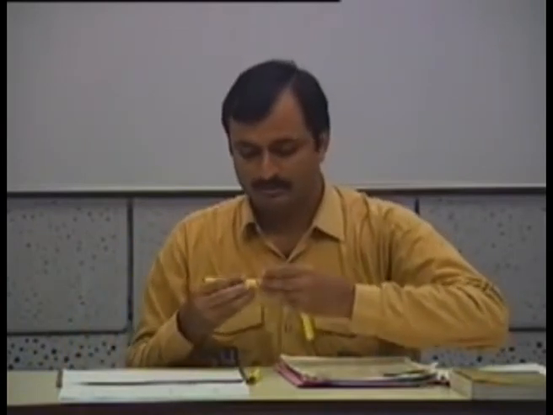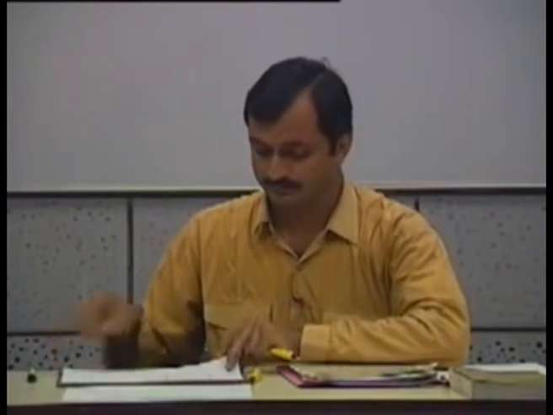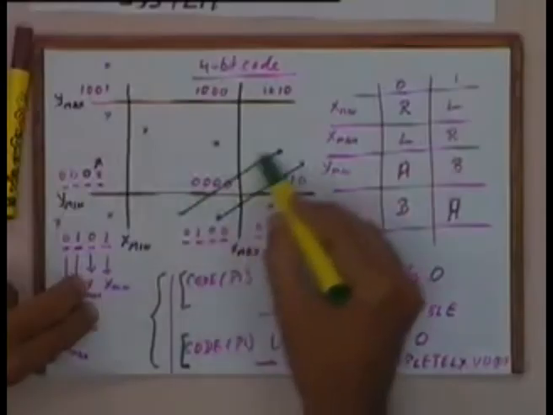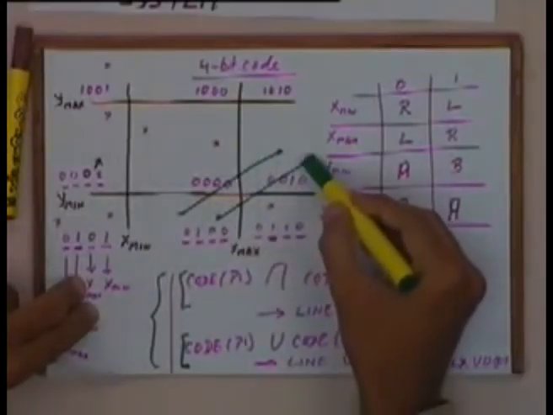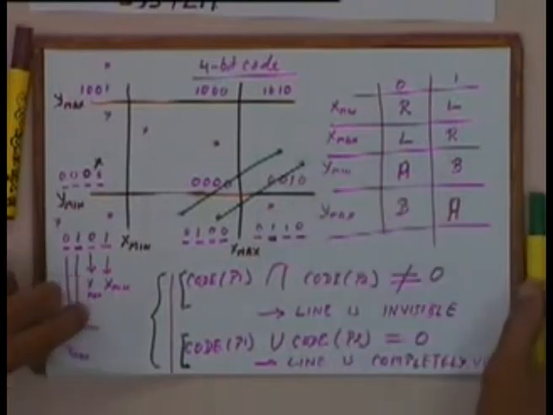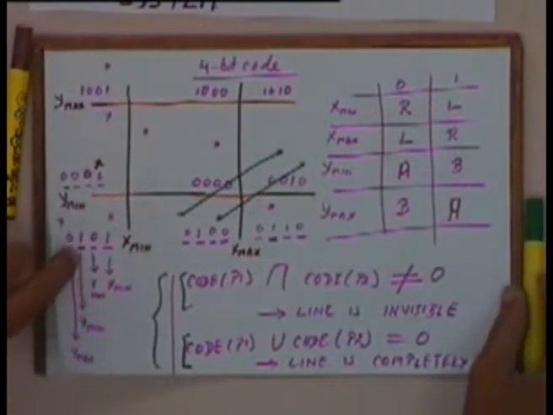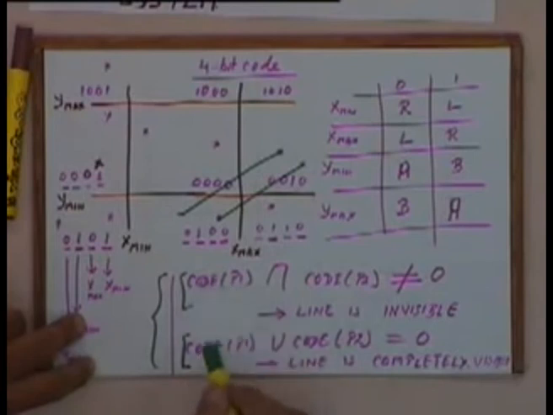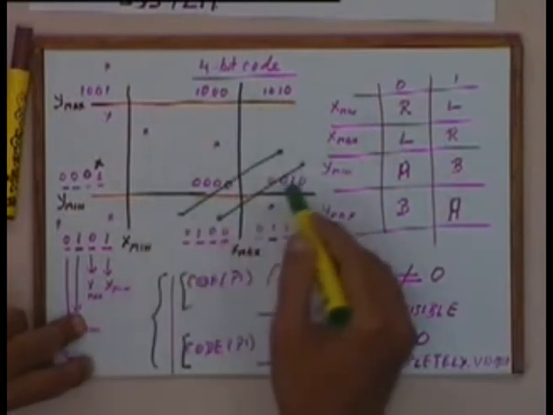Then for the other lines, okay, for lines like this, how do we go about clipping these lines? The first is we check for these lines and then start finding out the intersections.